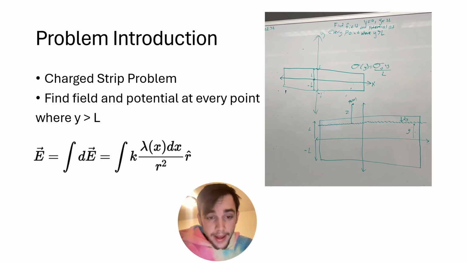We know that lambda x is our charge density, which we have right above our graph. We integrate from negative L to L, and we do that because the object has a uniform charge density, so it doesn't really matter where you integrate from. As long as you're integrating the entire thing, you'll get the right number.